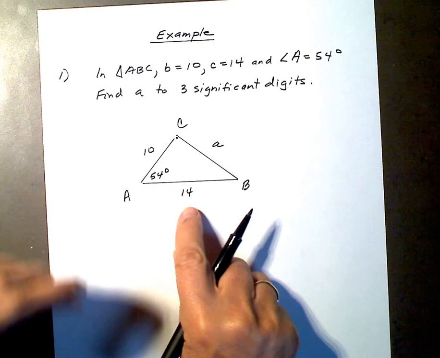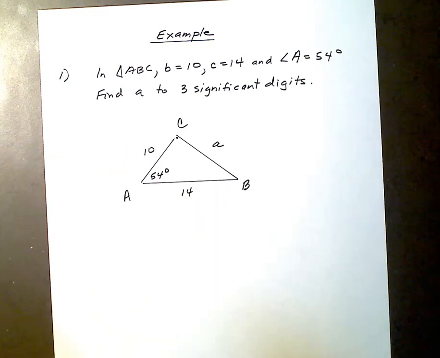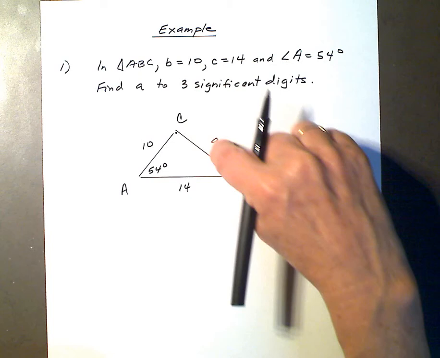So I know two sides and the angle between them, so I can use the law of cosines to find the side opposite that angle.